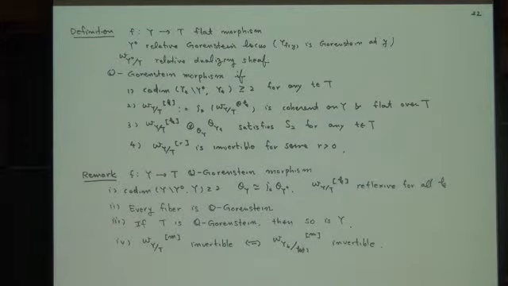Then we say this is a Q-Gorenstein morphism. If you have a Q-Gorenstein morphism, then the bad locus has codimension greater than or equal to 2, and each fiber is Q-Gorenstein, and if T is Q-Gorenstein, then Y is also Q-Gorenstein. This is one important condition: the total is invertible, then each one is invertible.